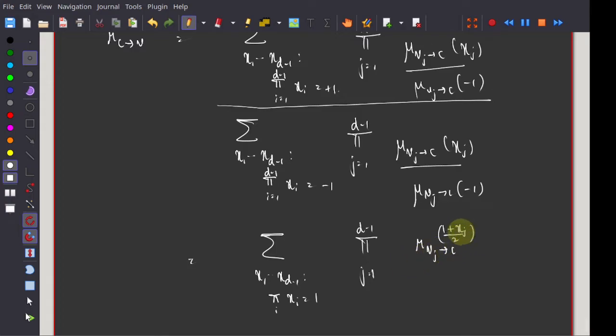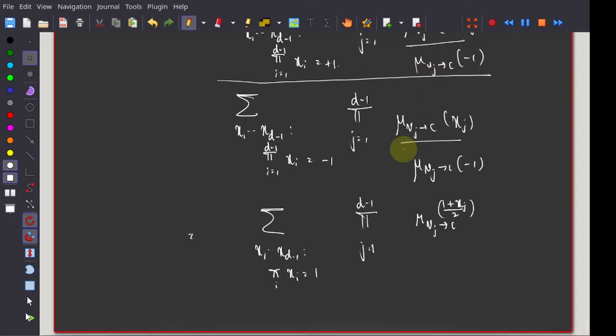When x_j is equal to plus 1, this becomes 1 plus 1 by 2, which is R_{Vj to C}, and that is exactly what we had over here. So when x_j equal to plus 1, this is mu_{Vj to C} of plus 1 by mu_{Vj to C} of minus 1, which is R_{Vj to C}. When x_j equal to minus 1, the exponent is 0, and that's exactly the same as what we wanted, because it should cancel.